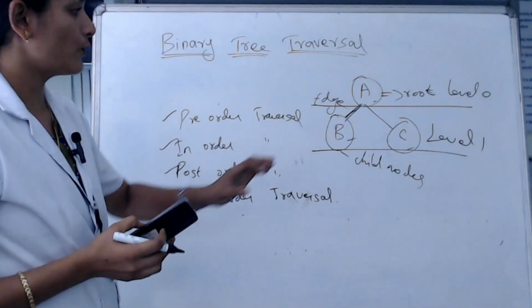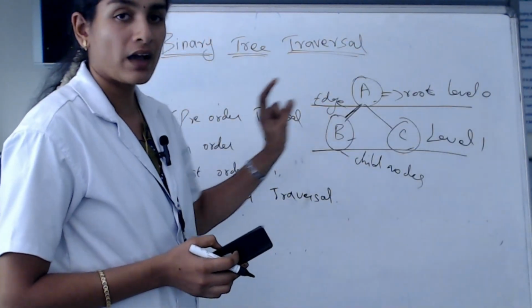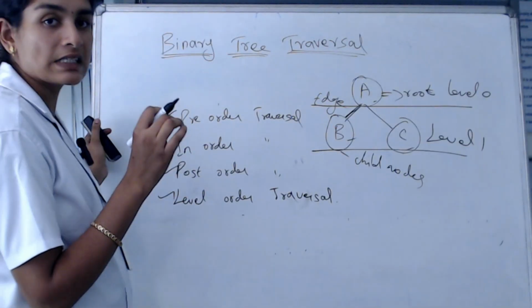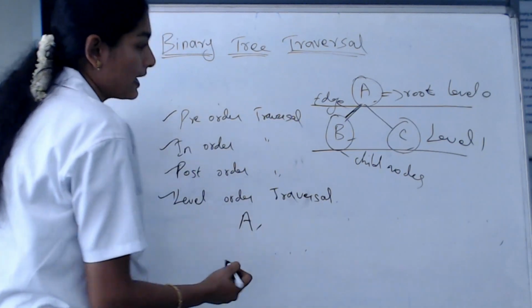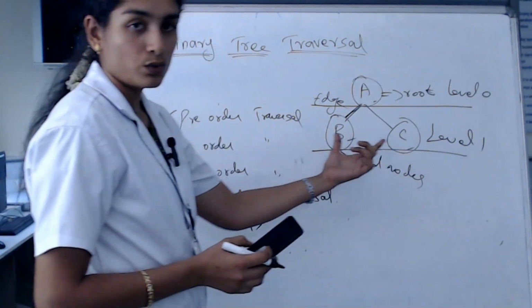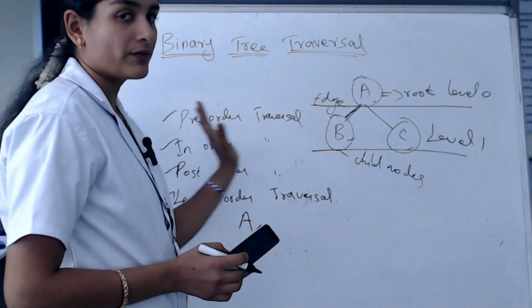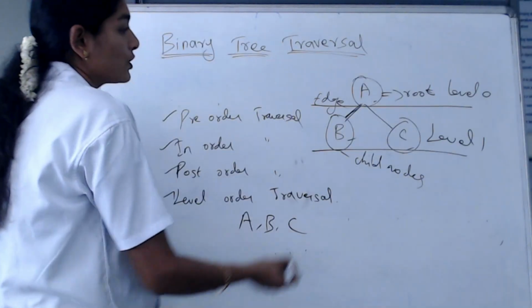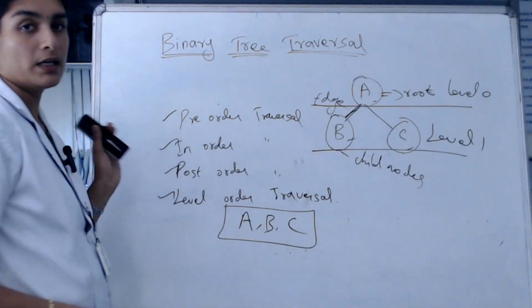In level 0 we have only one node, the root node A. In level 1 we have two nodes, B and C. So first write the level 0 node, A, and then the level 1 nodes, visiting from left to right. So write B first and C next. For this particular tree, the level order traversal is A, B, C.